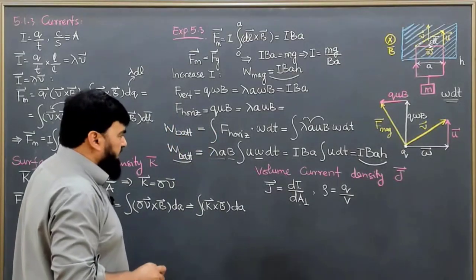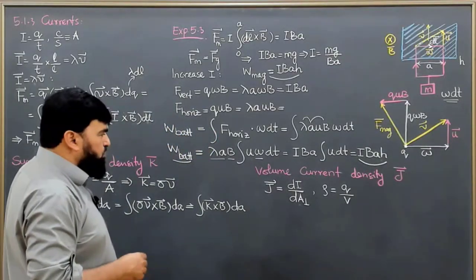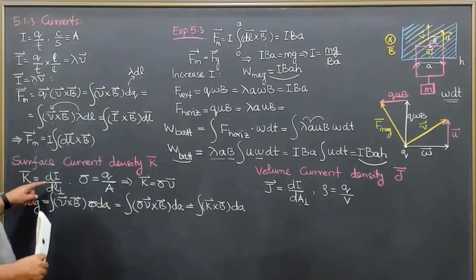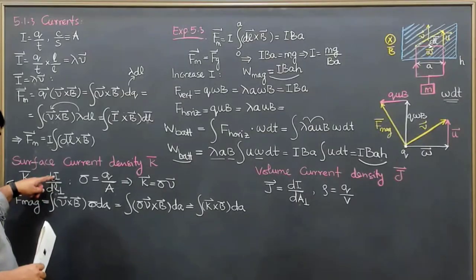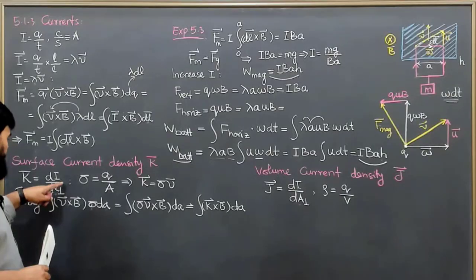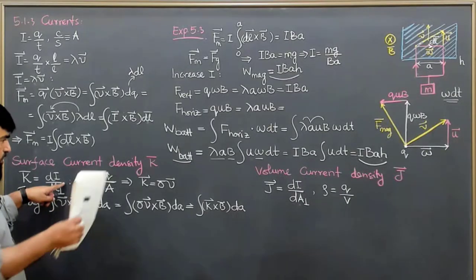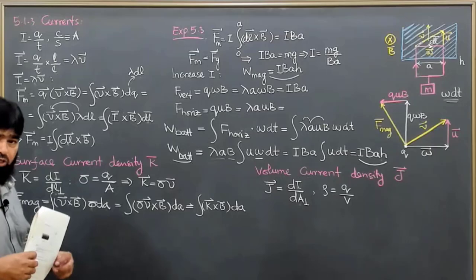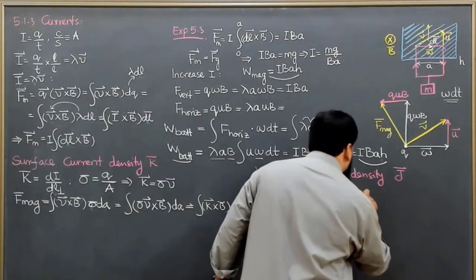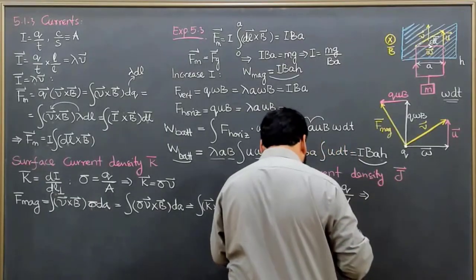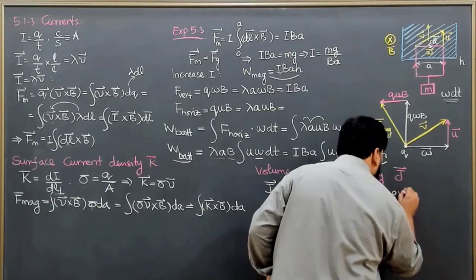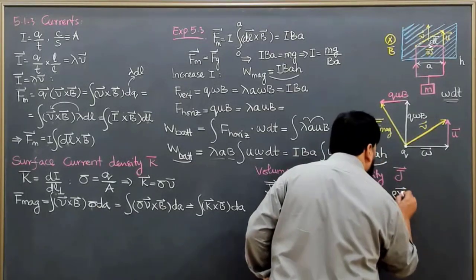And in the same sense as we did here, we have rho equals charge per unit volume. Now if I do the same conversions, I write dI is q over t, and rho is q over v, where this is the volume. So with the same analogy, I can write J equals rho times v, this v being the velocity.